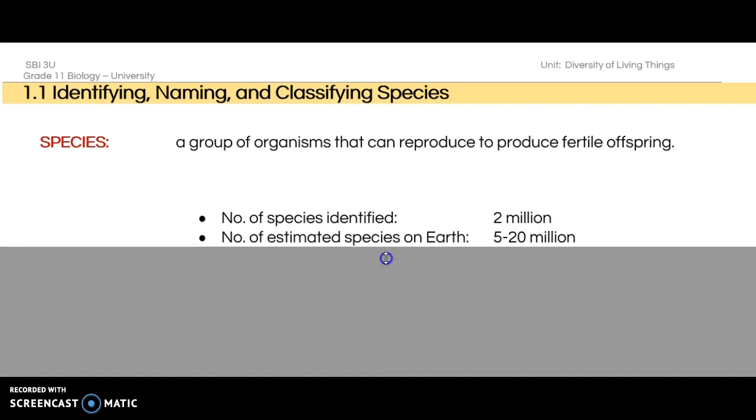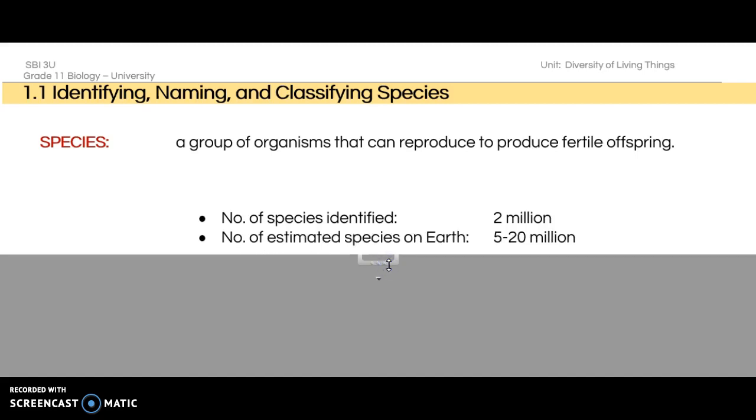So scientists currently estimate that there are approximately 5 to 20 million different species that exist on our planet. So then, why the discrepancy? Why are we seeing a difference here between the number of species that we've identified and the number of species that might actually exist? So I want you to take a minute and think about that.